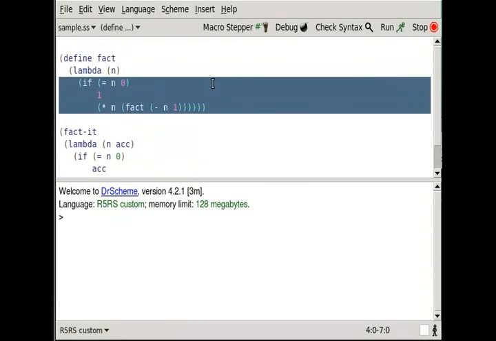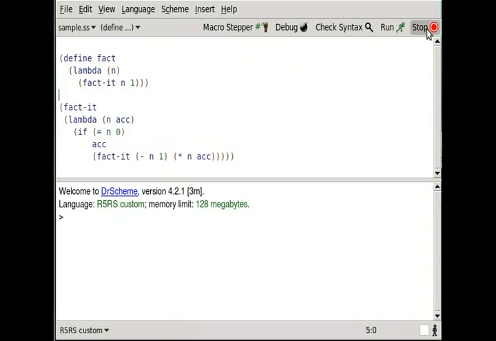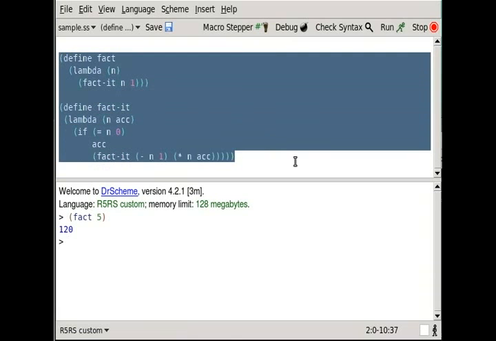So I'll change this and have fact call fact-it, so the user doesn't need to know how to start the accumulator: fact-it of n and 1. Now we'll run this and see if it works. Oh, yes, I have to define it. Alright, then fact 5, which I believe equals 120. Yes, 120.